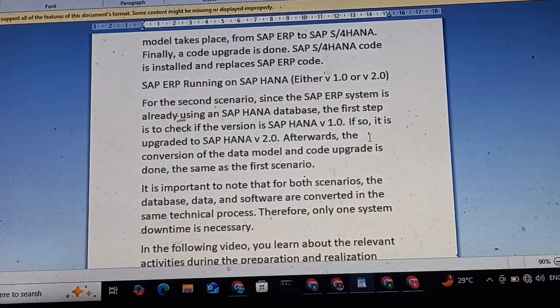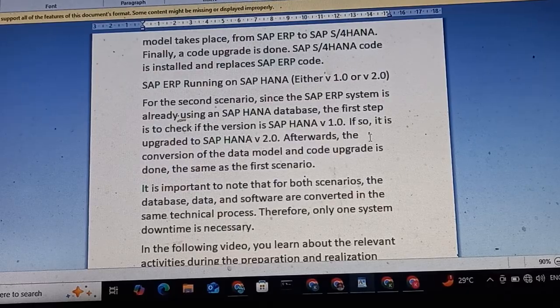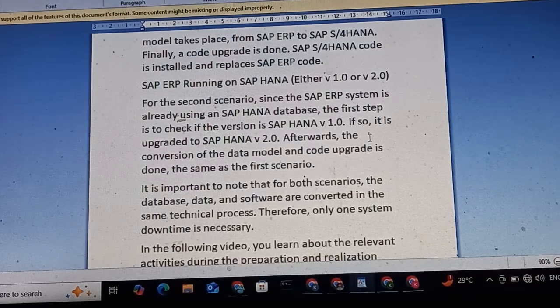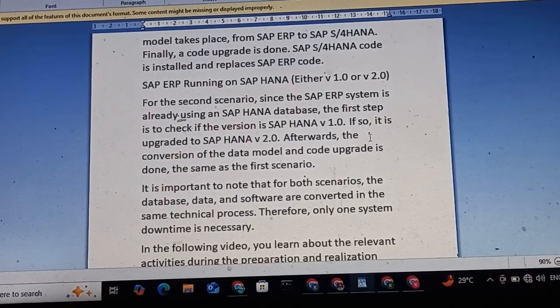If so, it is upgraded to SAP S/4HANA version 2.0. Afterwards, the conversion of the data model and the code upgrade are done, the same as in the first scenario.